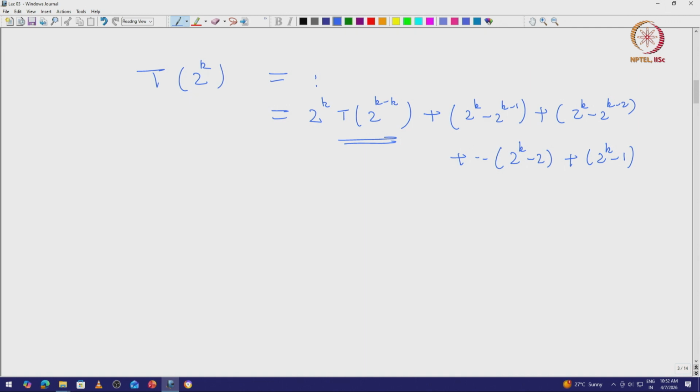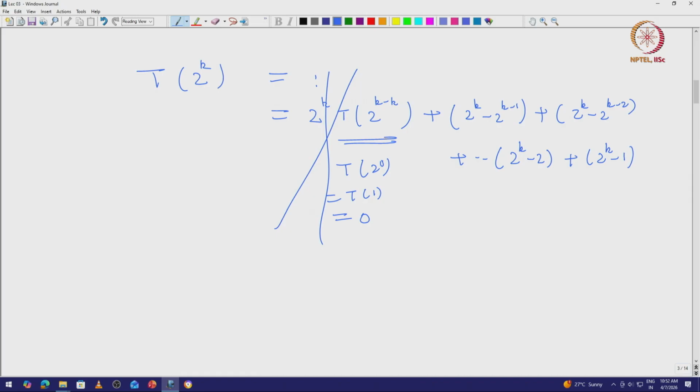This is T of 2 power 0, which is equal to T of 1, and that is equal to 0. Therefore, this term vanishes because it is 0.